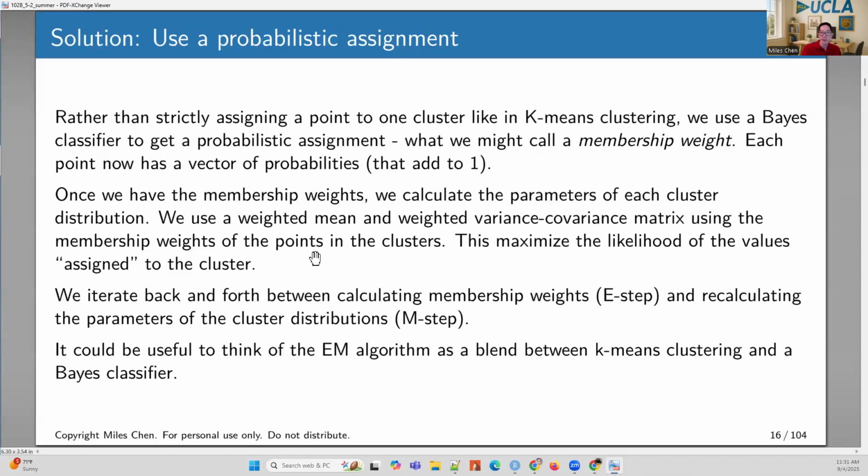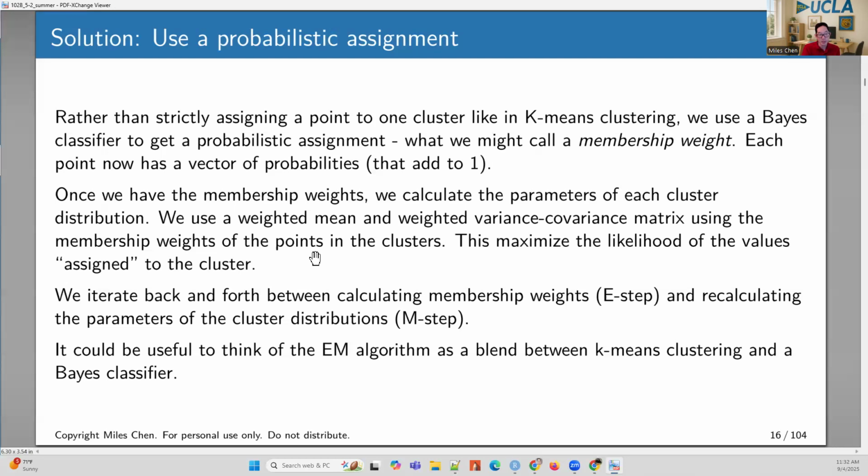And that's going to maximize the likelihood of the different values that are quote unquote assigned to each cluster.